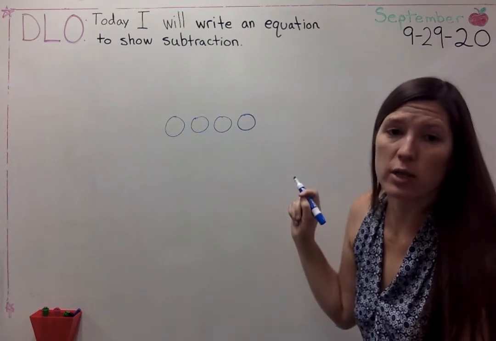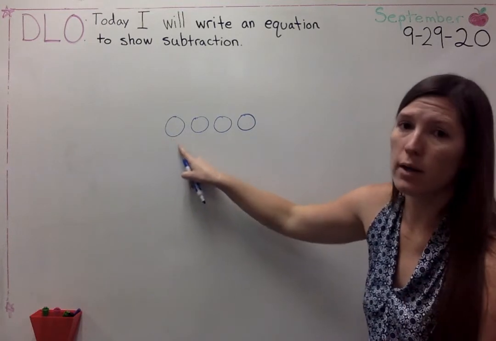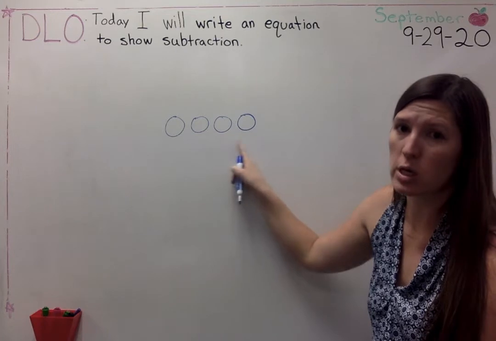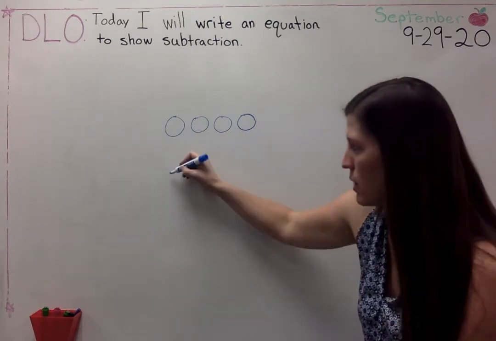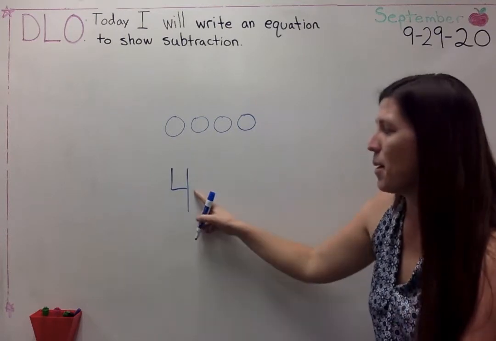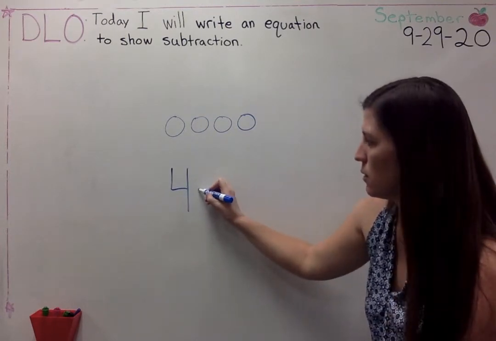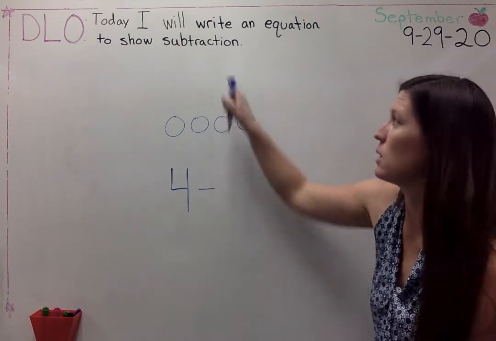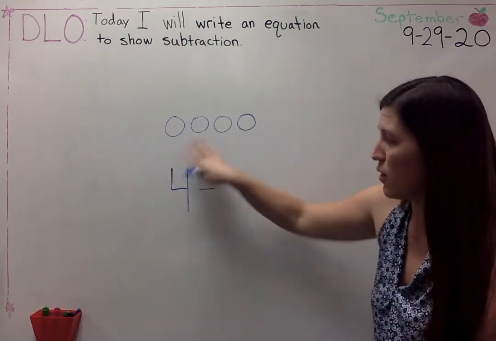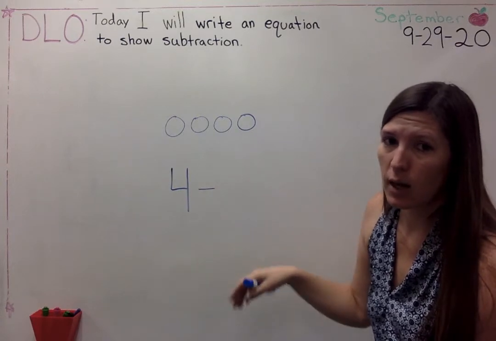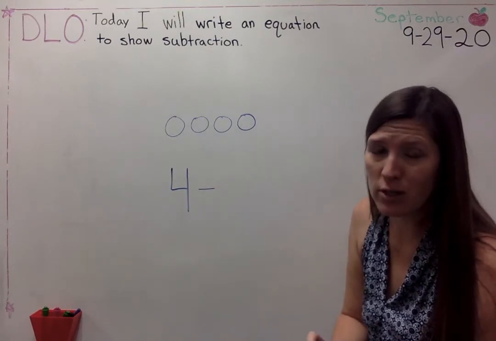All right, let's do another one. Let's count how many cookies I have now. 1, 2, 3, 4. How many cookies do I have? 4. Let's write that. 4 minus means take away because I know we're subtracting today. That's our focus. I have 4 cookies. I'm going to save my cookies for another day.